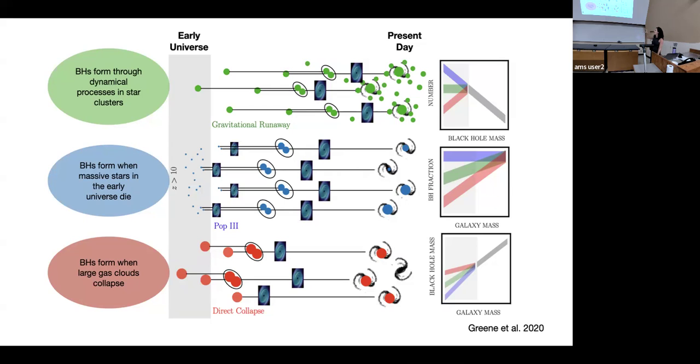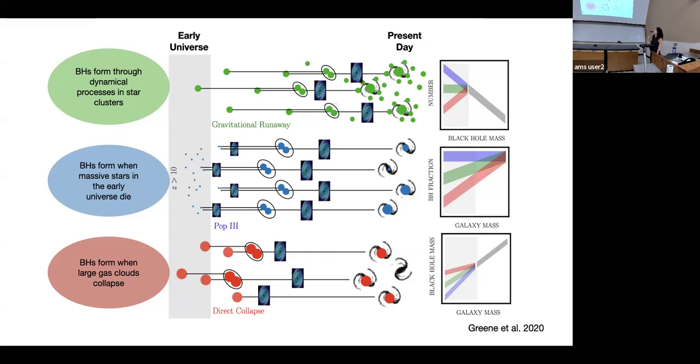When we evolve through to the present day, that results in differences in the population of black holes in small galaxies. These are a few very rough diagrams for what we would expect in terms of the number of black holes as a function of black hole mass, the fraction of galaxies that contain a black hole as a function of galaxy mass, and then black hole mass versus galaxy mass.